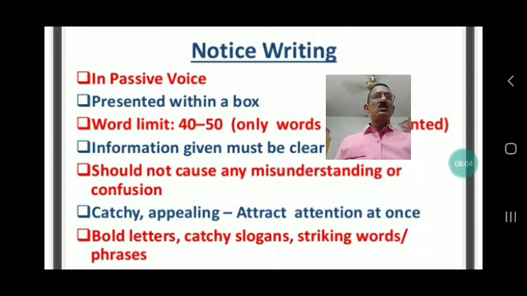It should not cause any confusion or misunderstanding. It should be catchy and appealing, attracting attention at once. Bold letters, catchy slogans, and striking words or phrases are the main features of notice writing. So please pay attention to this.